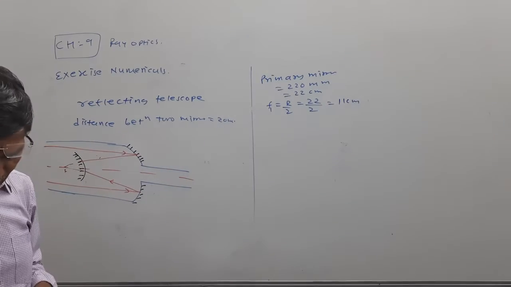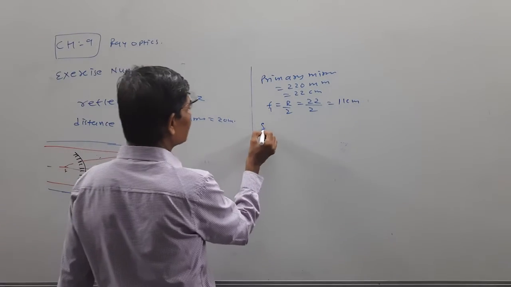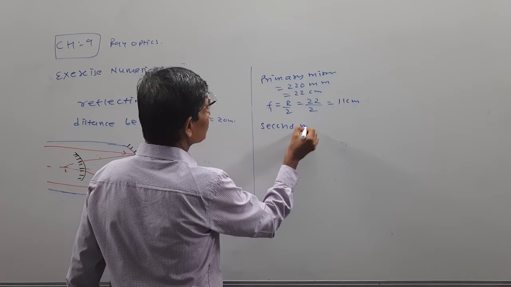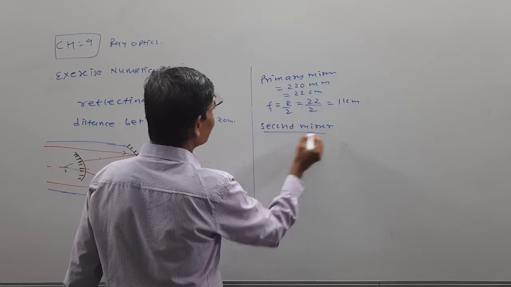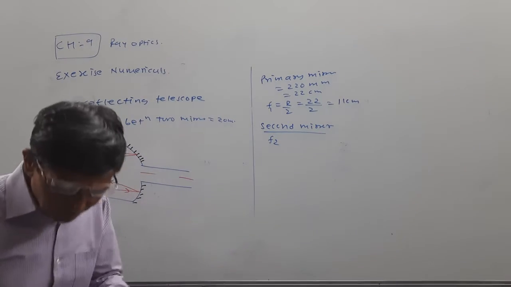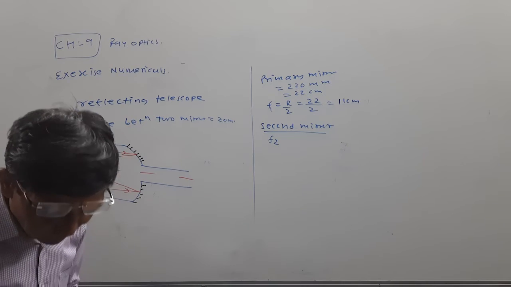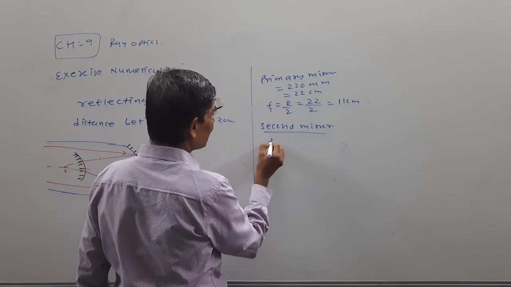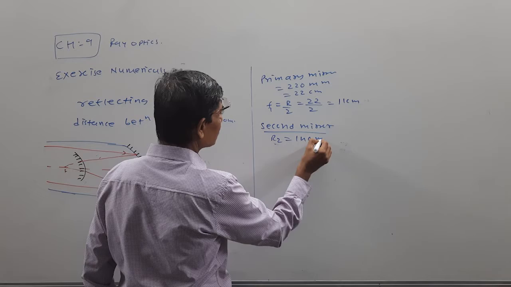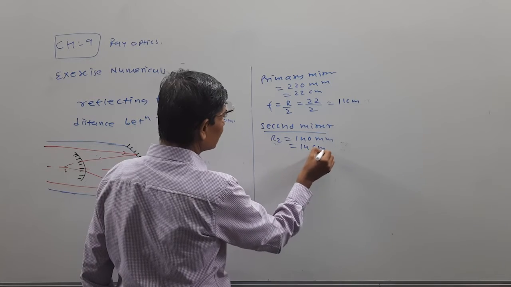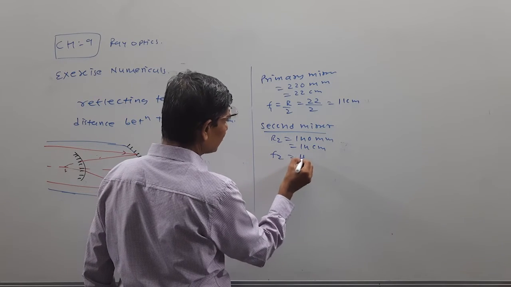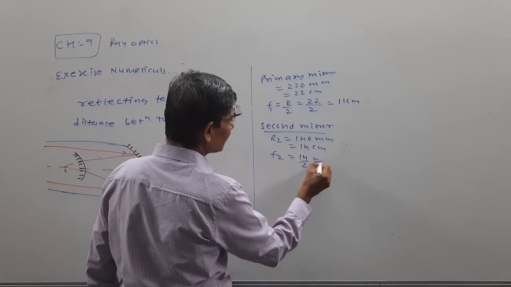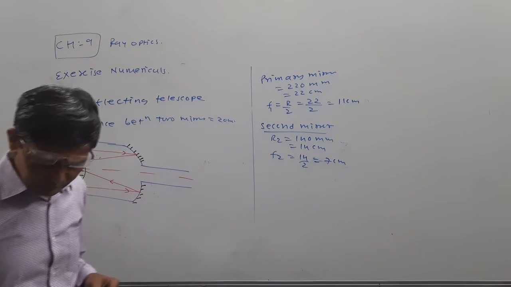Now R2 is for the secondary mirror, the convex mirror. See, the radius of curvature is given as 140 mm, that is 14 centimeter. So F2 will be 14 by 2, that turns out to be 7 centimeter.